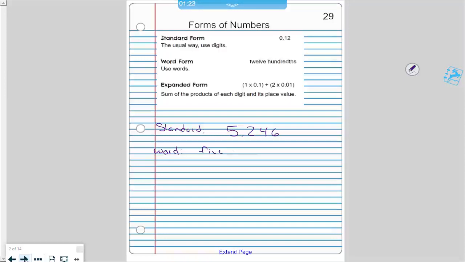My decimal point is always written as an and I write this number just like I would write it if I'm looking at it. 246, and then I'm looking at my place, and I know that that is the thousandths place.